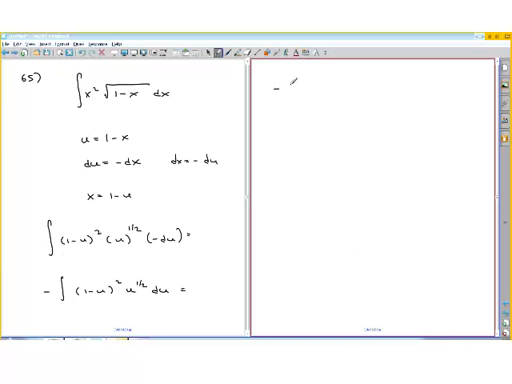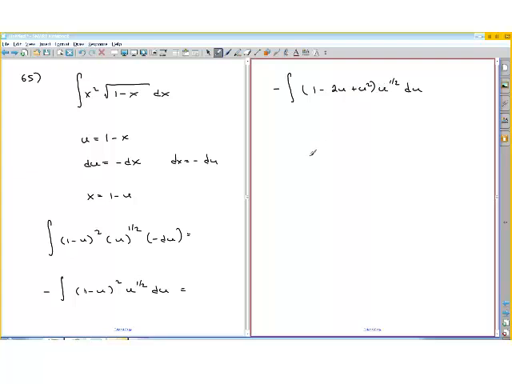So this term here becomes 1 minus 2u plus u squared, just by using FOIL. You get 1 squared, you get negative u times 1 twice, so you get negative 2u, and then you get u squared. It's negative times negative, so you get positive. Then you multiply by u to the 1/2 du.